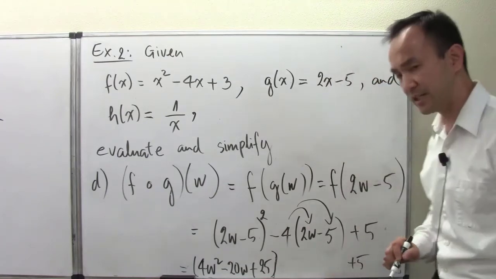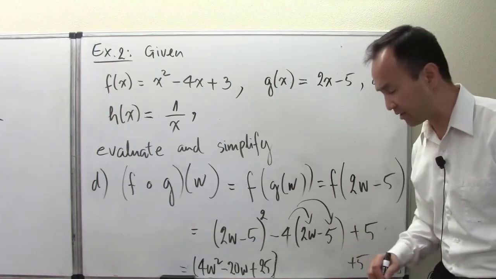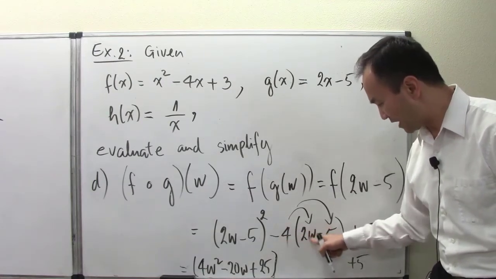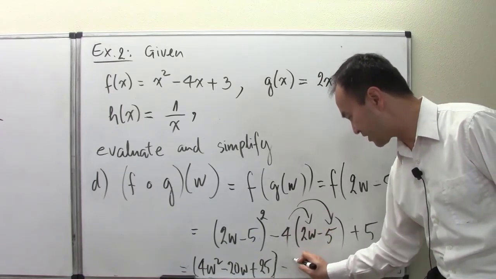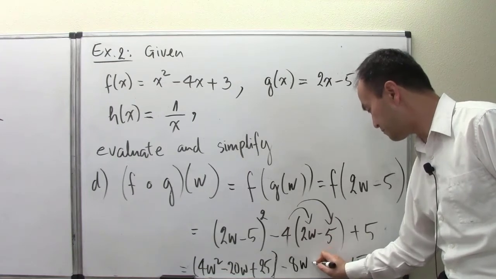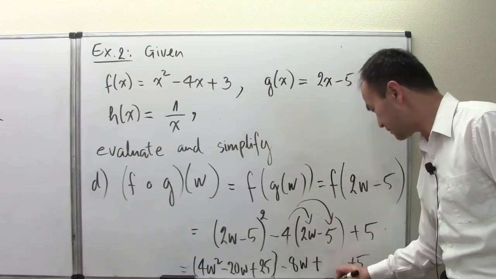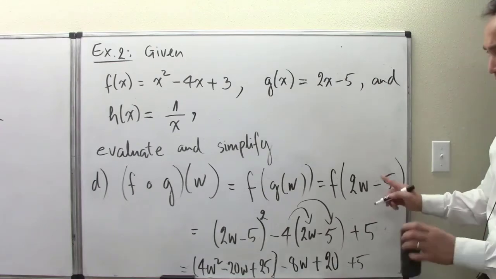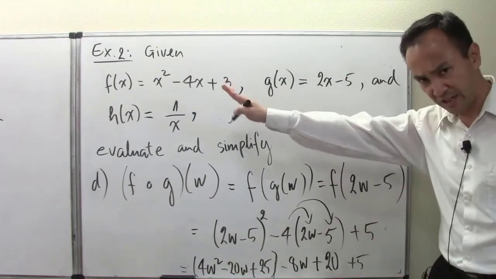I apologize in case you already wrote down and had to erase something due to my sudden change. The minus 4 times 2w is a minus 8w. Minus 4 times minus 5 is a plus 20.